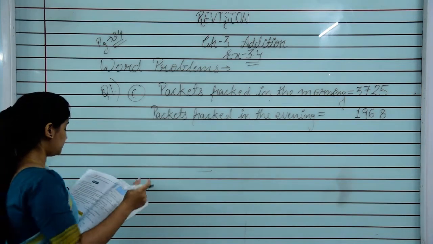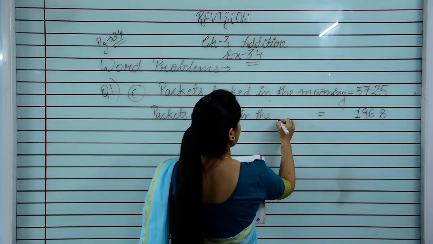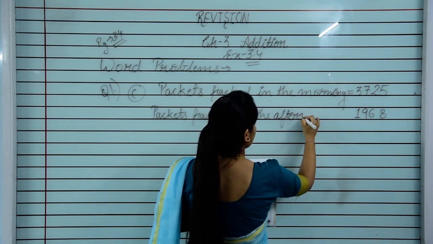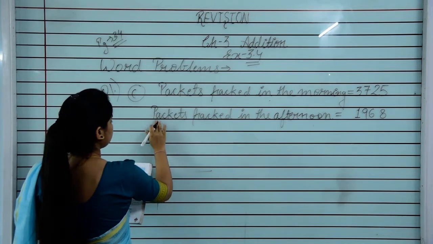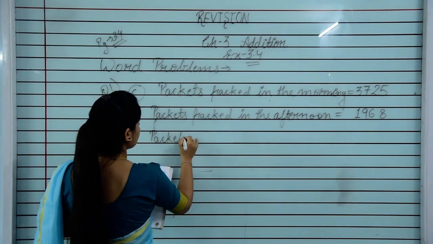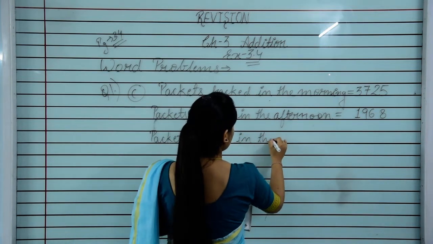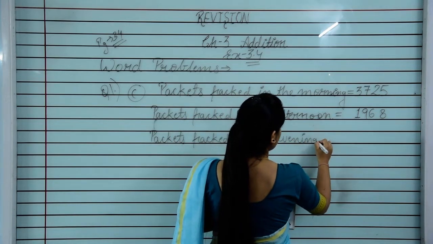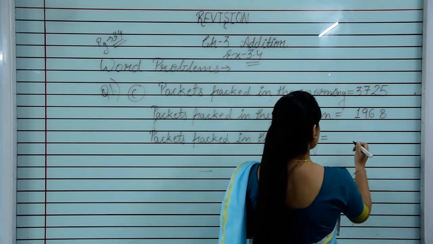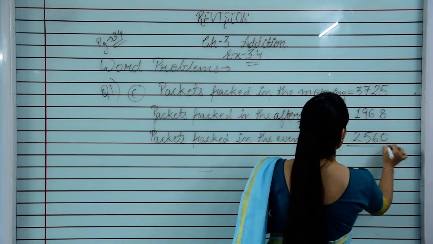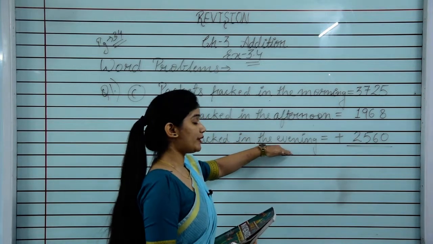Then in the afternoon students. Now we'll write for the evening. Packets packed in the evening, and that is 2560. So number of packets in the morning, number of packets in the afternoon, and number of packets in the evening.